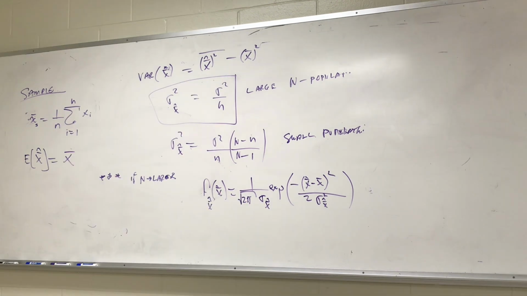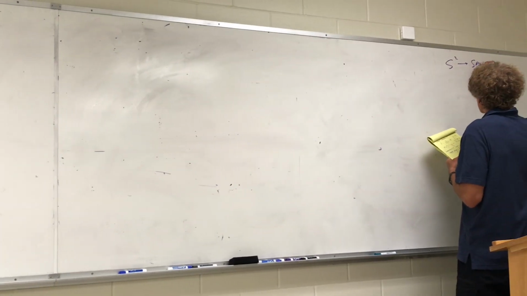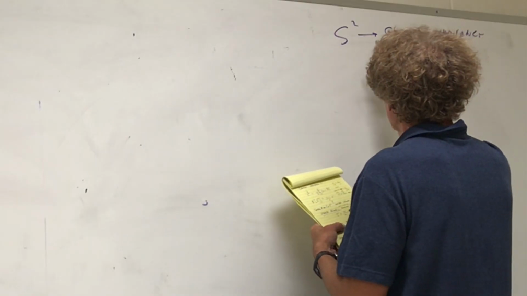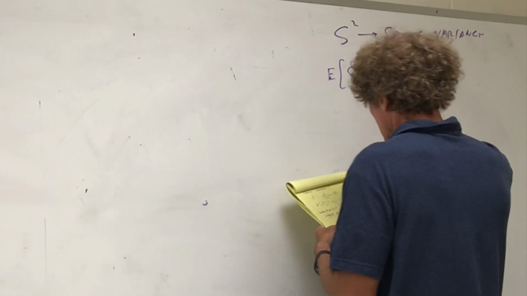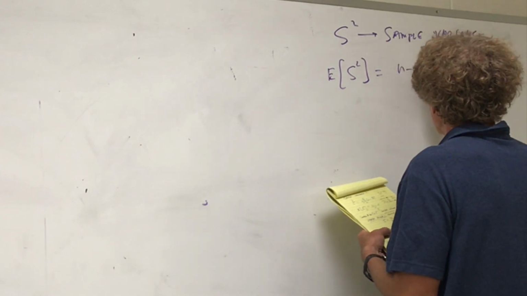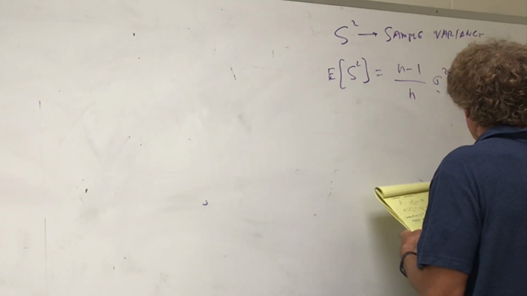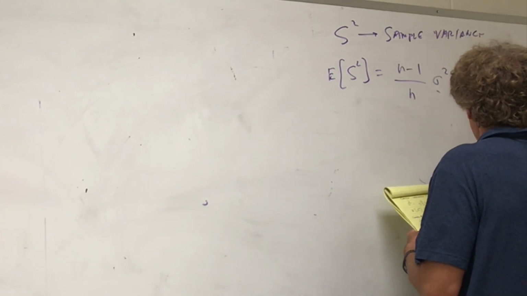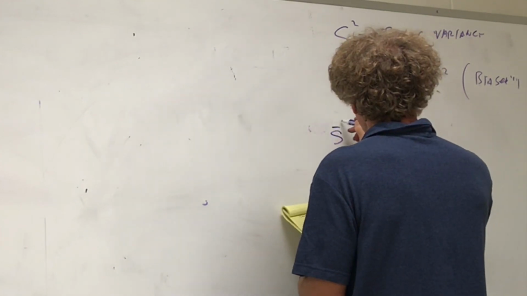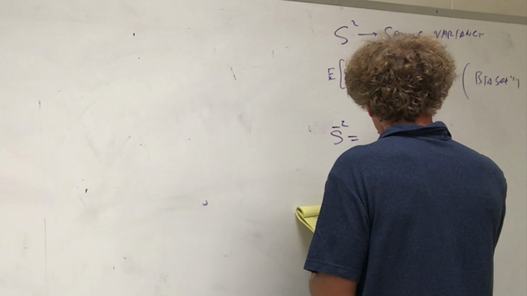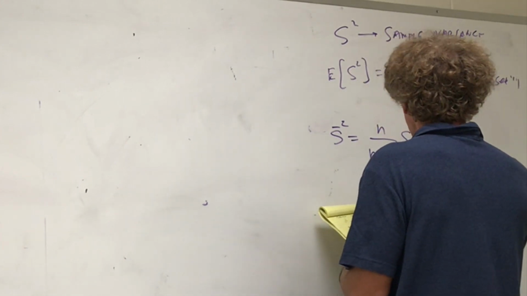So if we have the sample variance, sigma squared is the sample variance. Then this is a biased estimator. The expected value of s squared is equal to n minus 1 over n sigma squared. And this is biased. And then the unbiased estimate, he puts a bar over it, s bar squared, and that's n over n minus 1 times s squared.